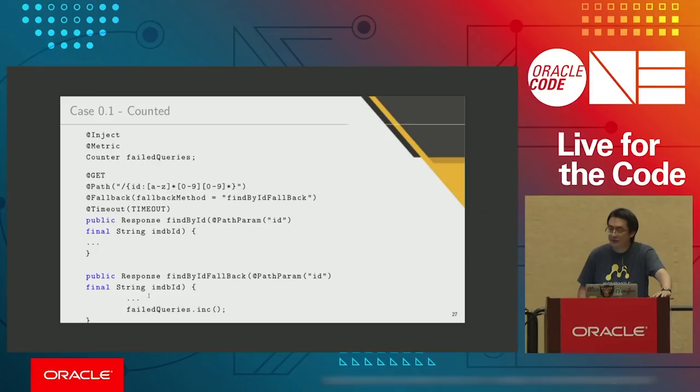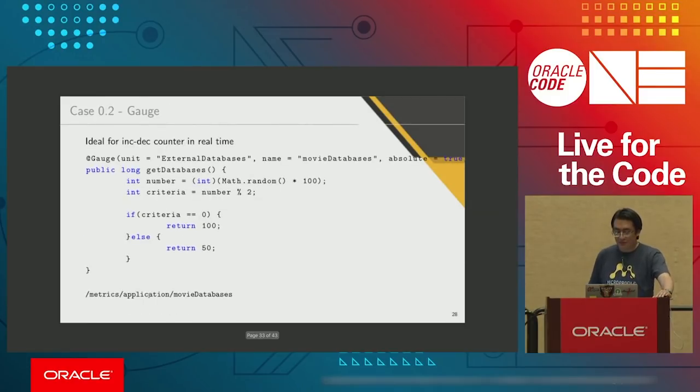It is included. Okay, so the other metric is, I think the proper way to say it in English, I'm not sure, is gauge, I think. So the second one is ideal for incrementing or decrementing counters in real time, because this is basically do your own metric. So you could return anything from your actual query.